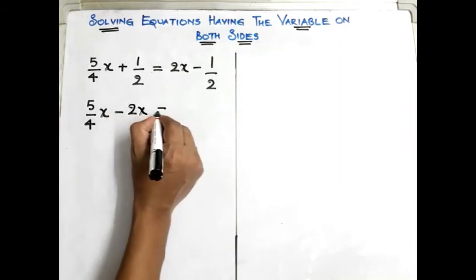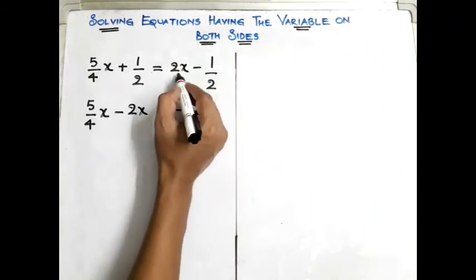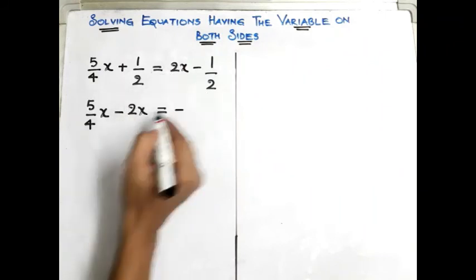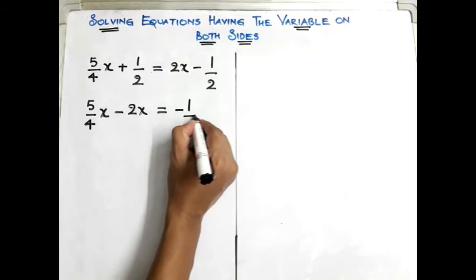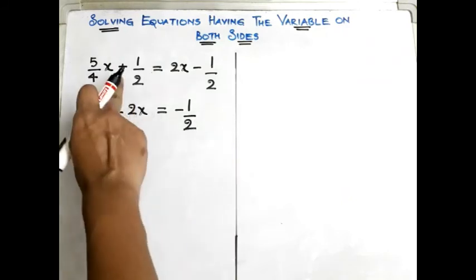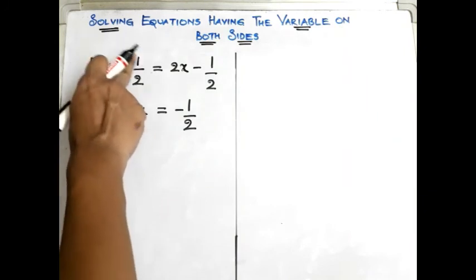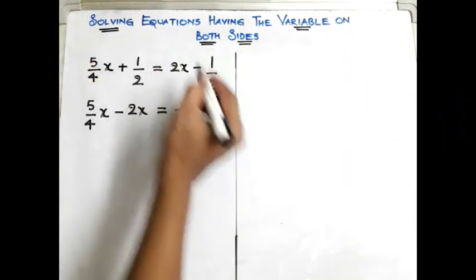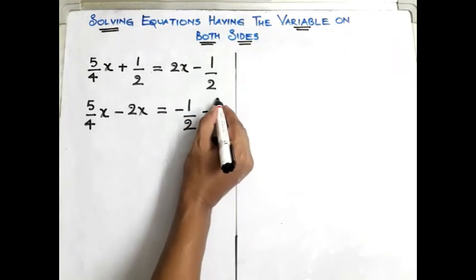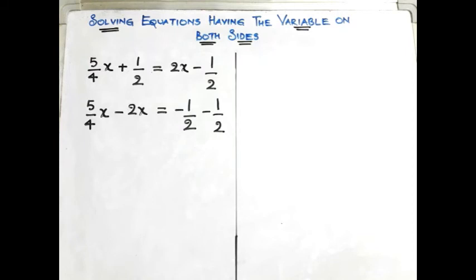Once we bring this 2x to the other side, what we are left with is minus 1/2. And here on the LHS, the constant term is plus 1/2. If we transpose plus 1/2 to the other side, it will become minus 1/2. Okay, so hope you are clear with this. Now let us move ahead with the solution.